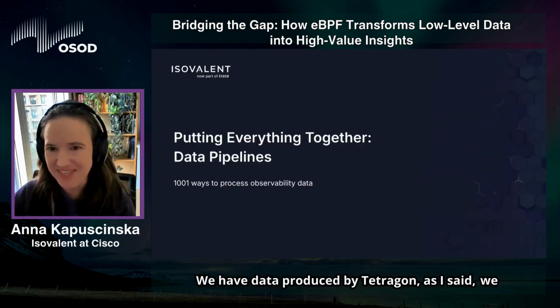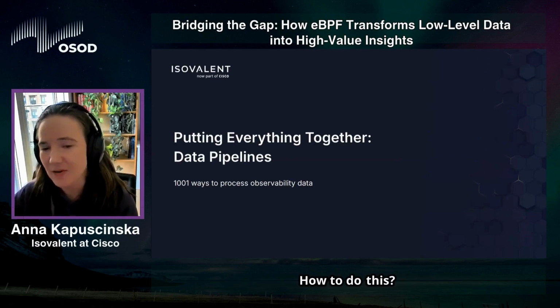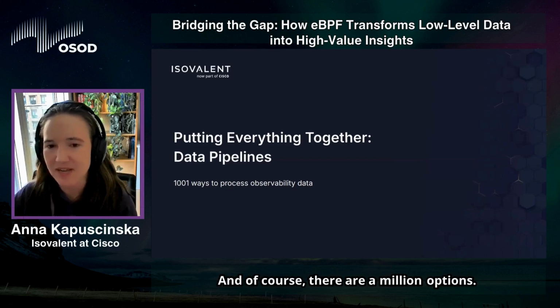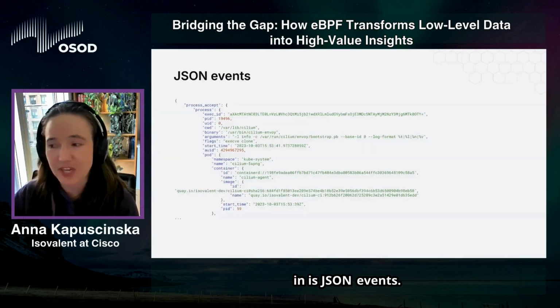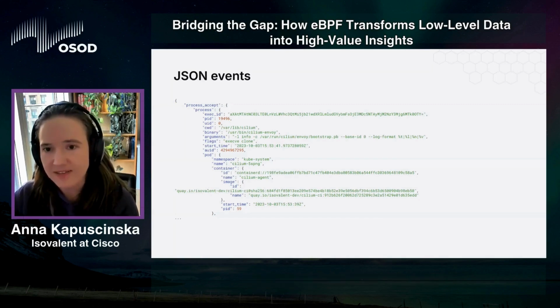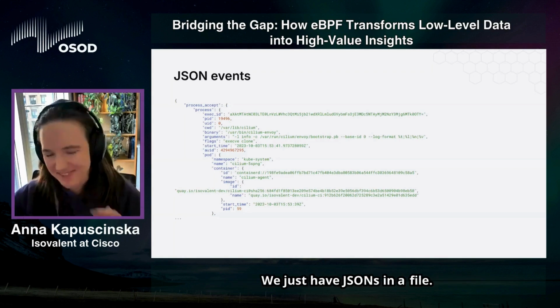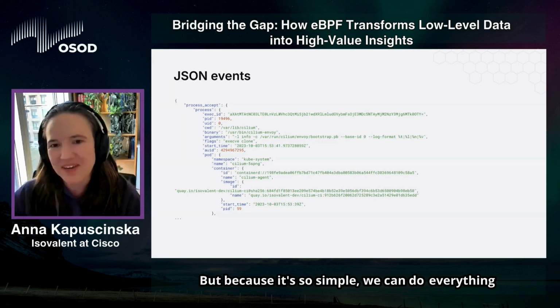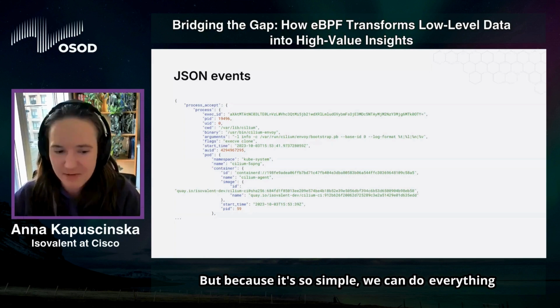We have data produced by Tetragon, but as I said, we need to somehow collect it and visualize it. How to do this? Of course, there are a million options. The main data format that we get Tetragon events in is JSON events written to a file. This is extremely simple, as simple as it can get. But because it's so simple, we can do everything with it.